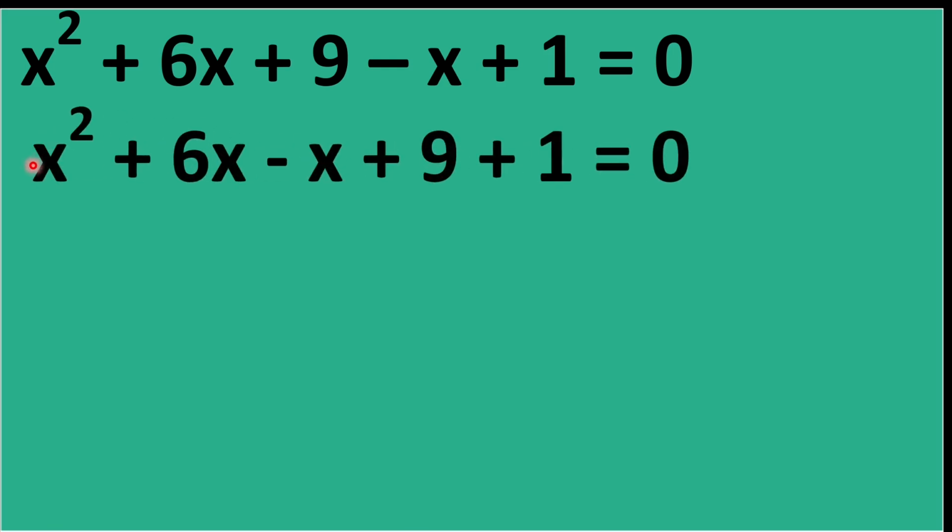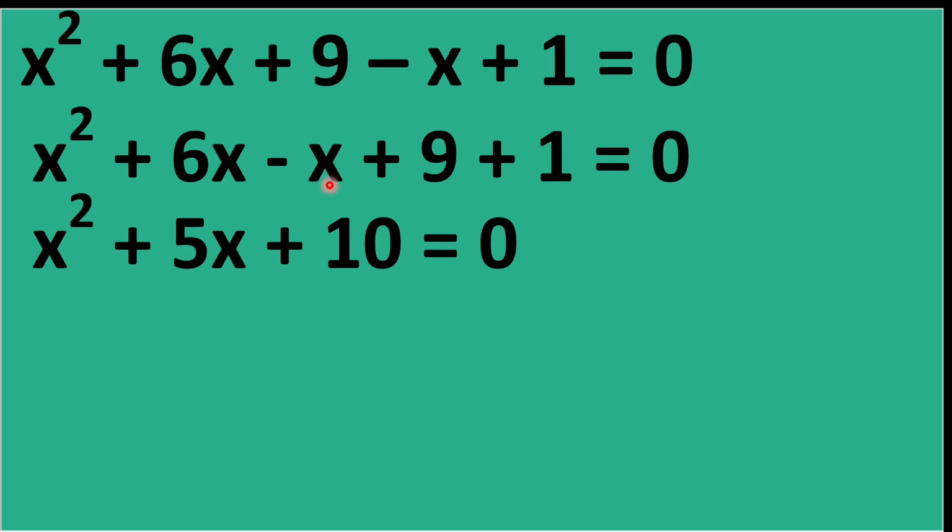Now we will write this as x square plus 6x minus x, like terms to one side, and plus 9 plus 1 equal to 0. So this will become x square, and this will become 5x, because 6x minus x equal to 5x, and 9 plus 1 equal to 10.